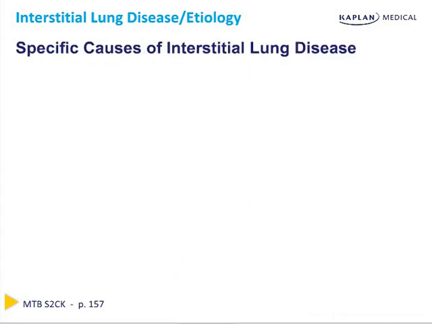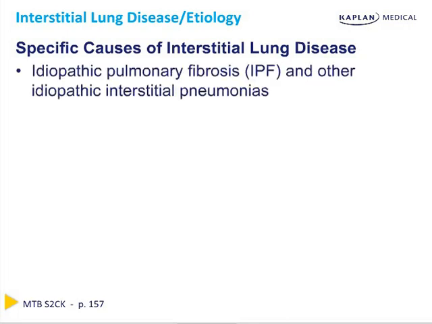There is a very long list of different interstitial lung diseases, and it's also very difficult to keep the classification straight in your mind. For Step 2, let's try to keep it simple. The most common and most commonly tested is idiopathic pulmonary fibrosis, and the other idiopathic interstitial pneumonias.